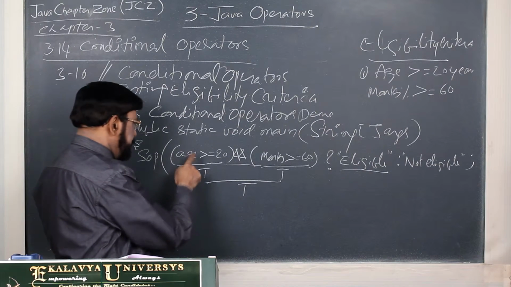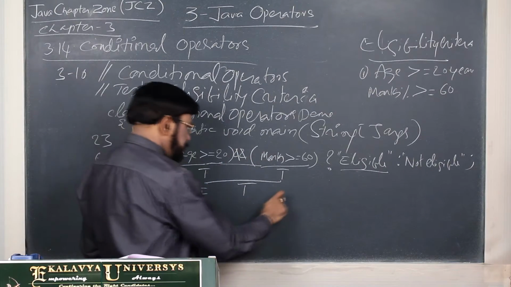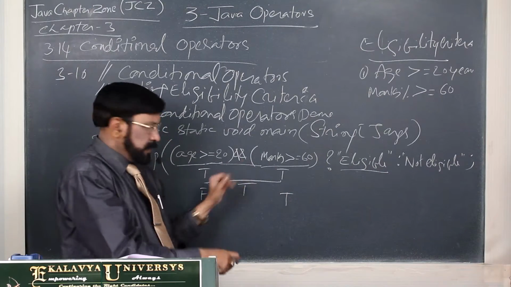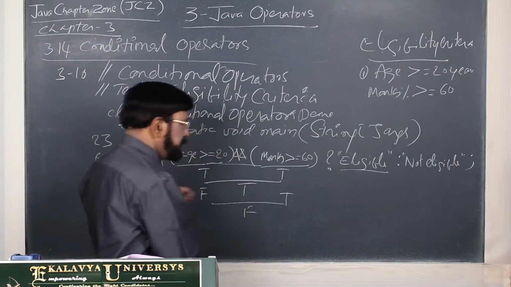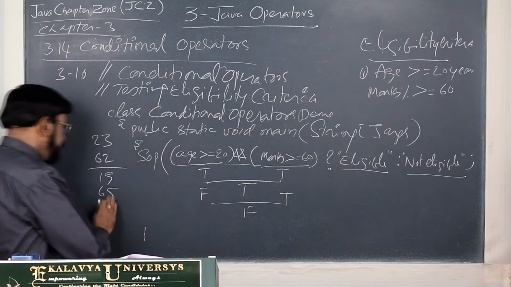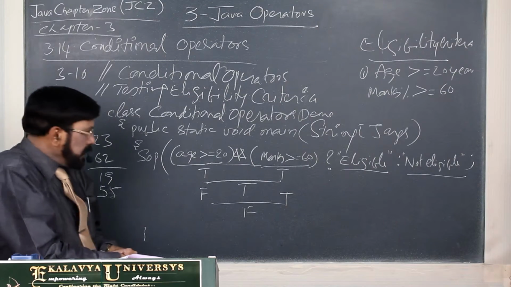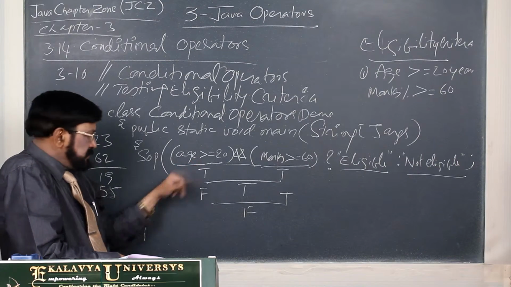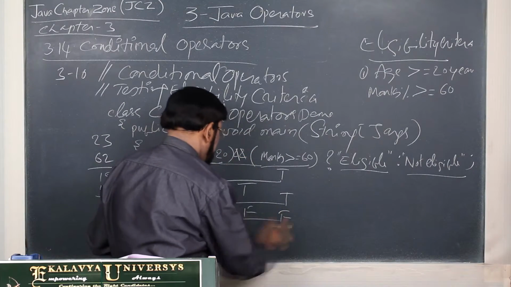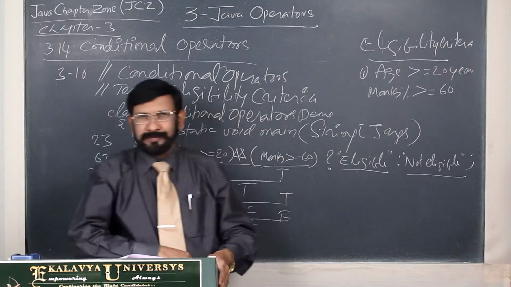Then age wise false and marks wise true, false and true, the result is false, then not eligible. Another example: age is 19, marks percentage 55, then age wise false and marks wise also false, result is false, then the candidate is not eligible.